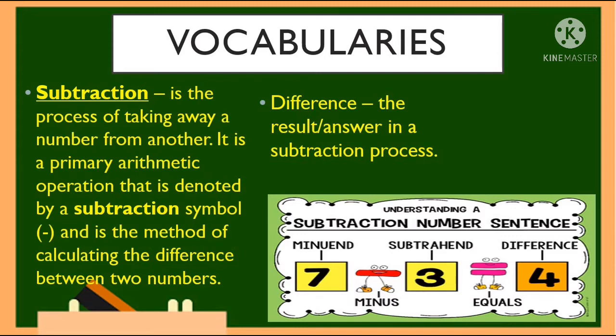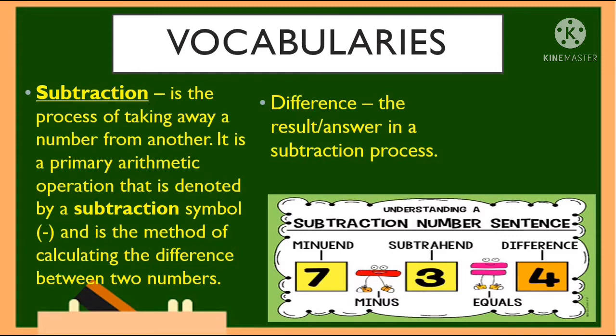Okay? These are the parts of the subtraction number sentence. We have the greater number. Okay? The greater number always put here on the first box. Alright? This is what we call minuend. Say minuend. Okay? Minuend.